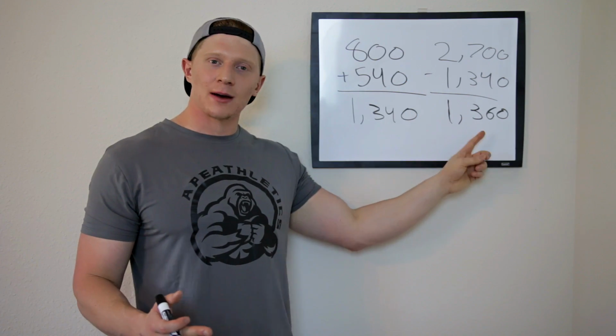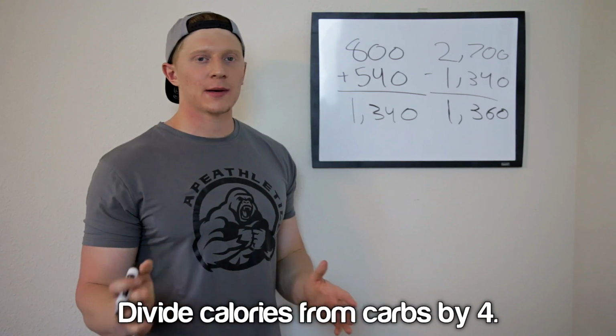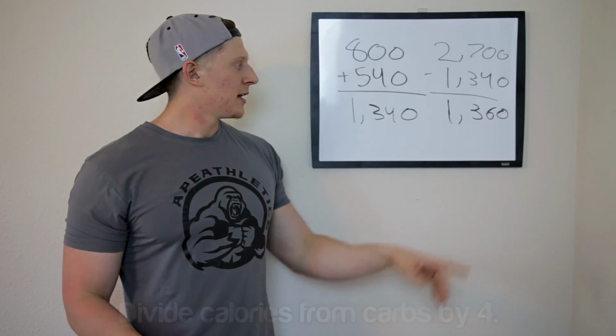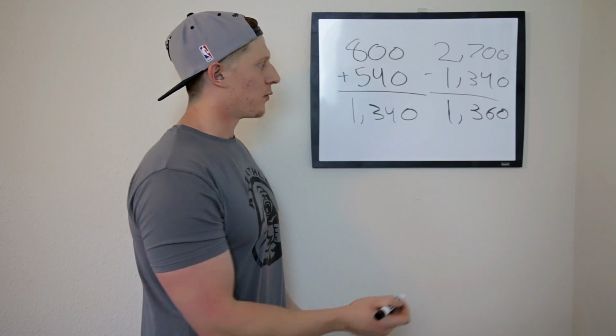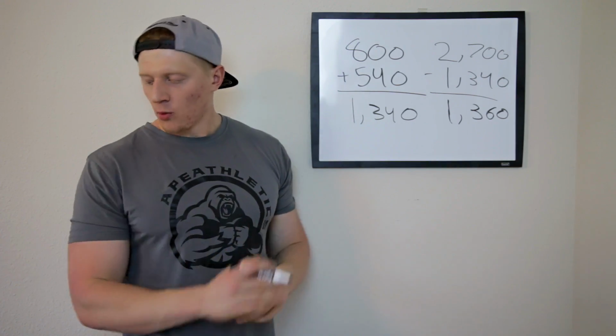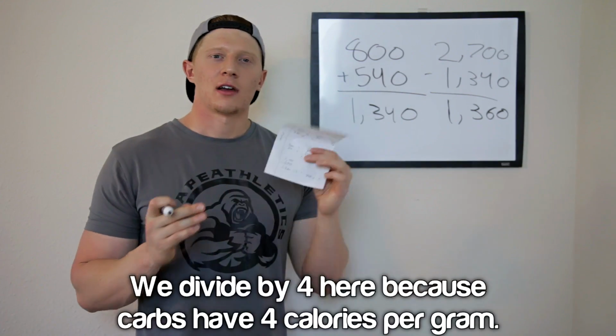Once you get to this number, all you need to do is divide by 4. So the steps before where we were multiplying by 4, now we're just going to do it in reverse. And we have the calorie amount, so to get the reverse, we just divide by 4. So once you divide 1,360 by 4, we're going to get 340 grams. I've got a little cheat sheet.